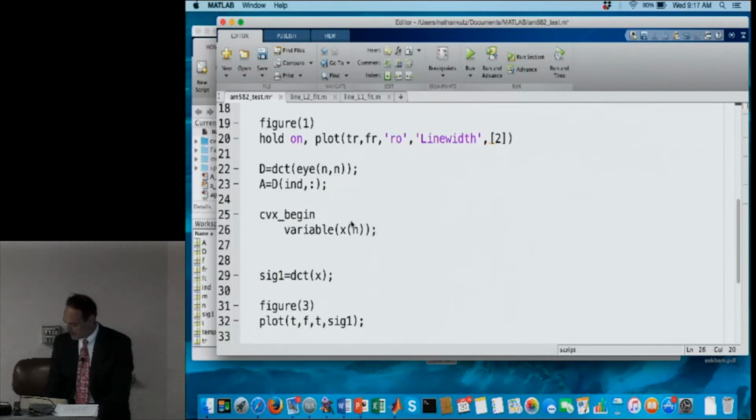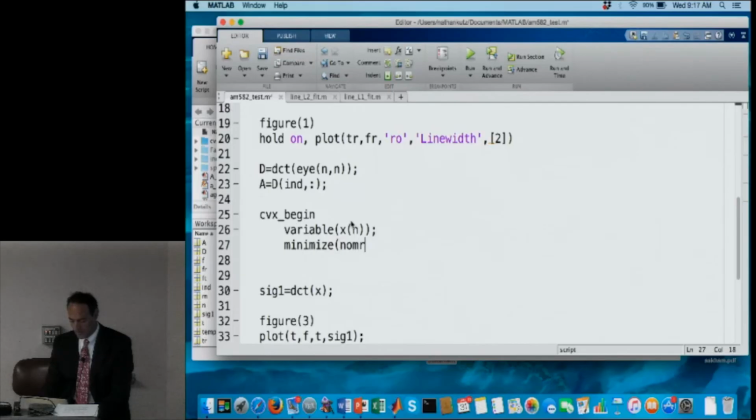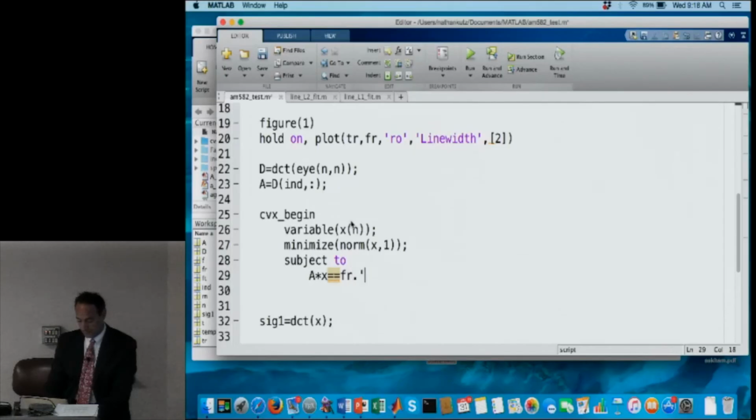So there's variable x. Minimize the 1 norm of x, subject to A times x equals that y, end cvx.